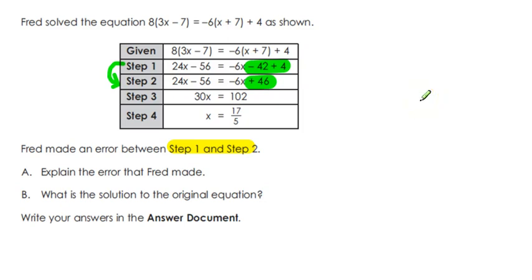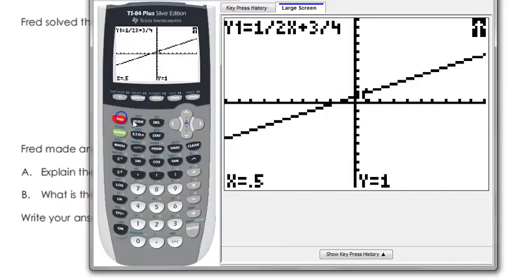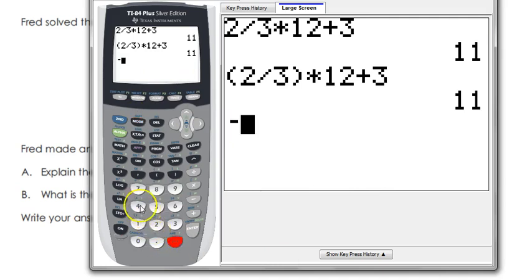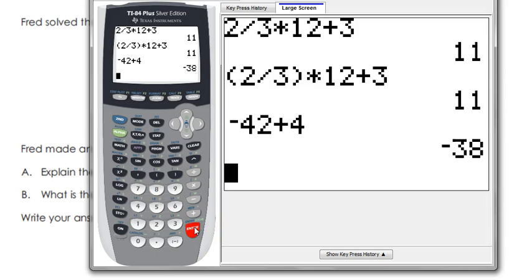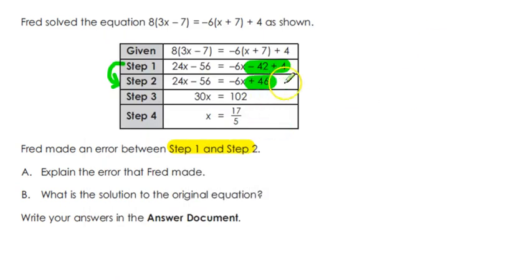Because that 42 is negative, if we were to just type that in the calculator, -42 plus 4, well, we should have a -38 there, and we do not. We have a 46. So that actually is the mistake.